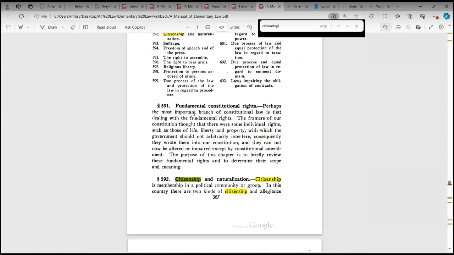The framers of our Constitution thought that there were some individual rights, such as those of life, liberty, and property, with which the government should not arbitrarily interfere. Consequently, they wrote them into our Constitution, and they cannot now be altered or impaired except by constitutional amendment. The purpose of this chapter is to briefly review these fundamental rights and determine their scope and meaning.